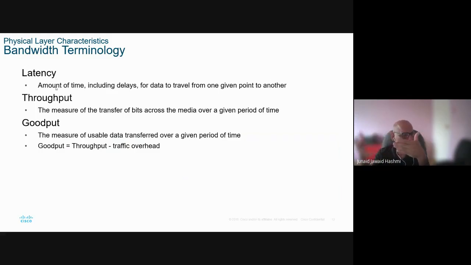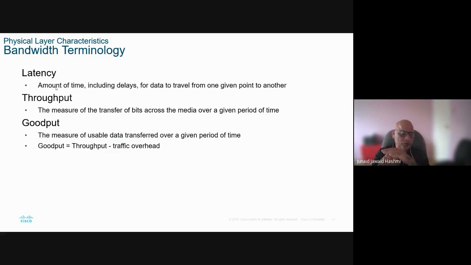It slows down the speed of the packet, right? So you have to be very careful when you're adding devices into your network. If you add a device unnecessarily, it will create latency.